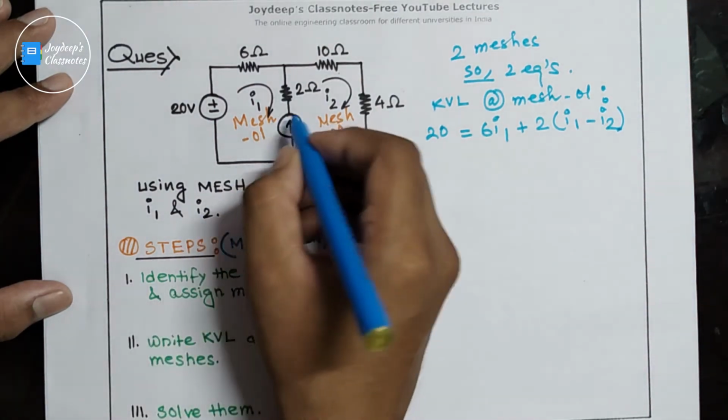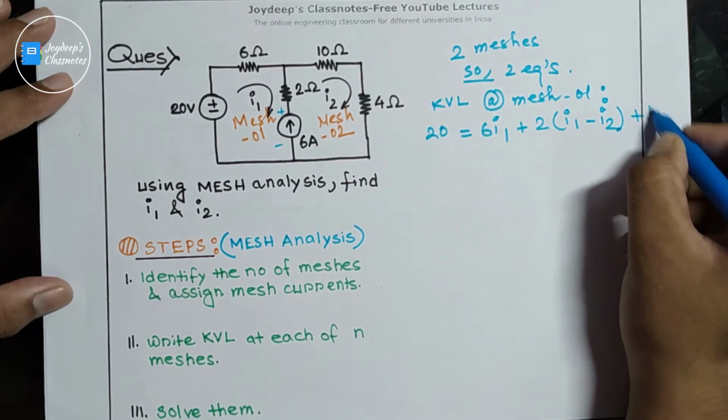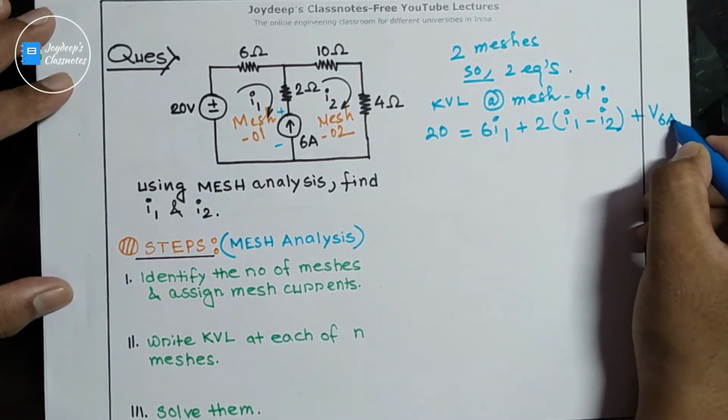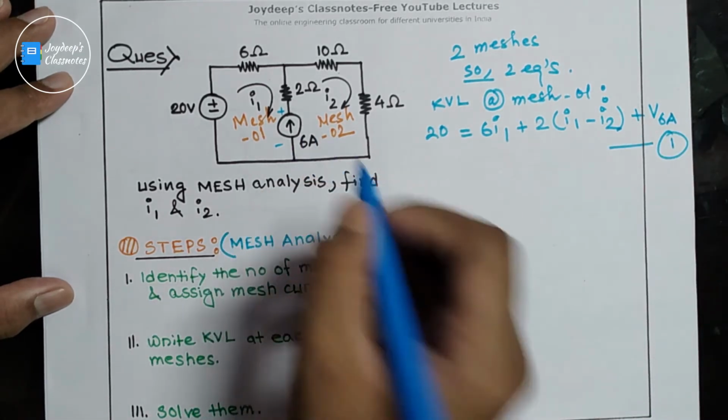Okay, so the voltage will be this. Let's say this is V across the 6 ampere current source. So this is our equation 1. And what about equation 2?